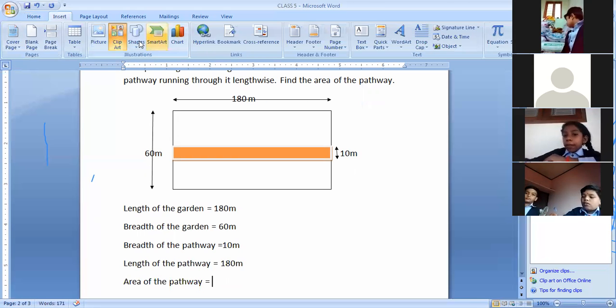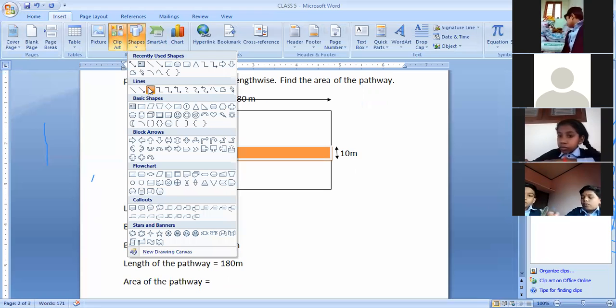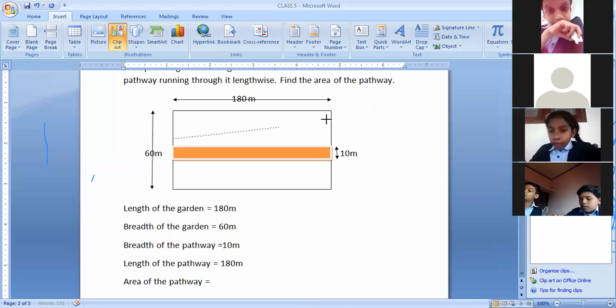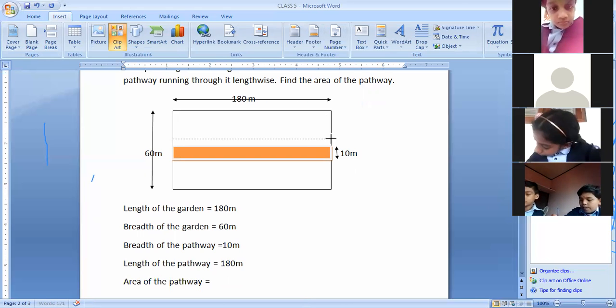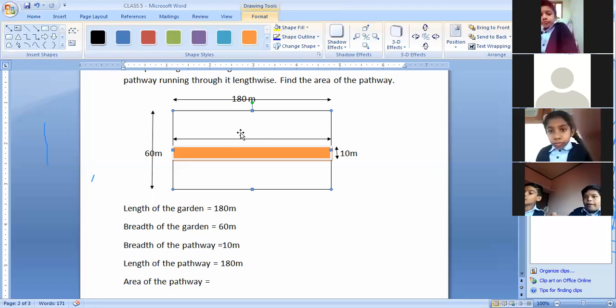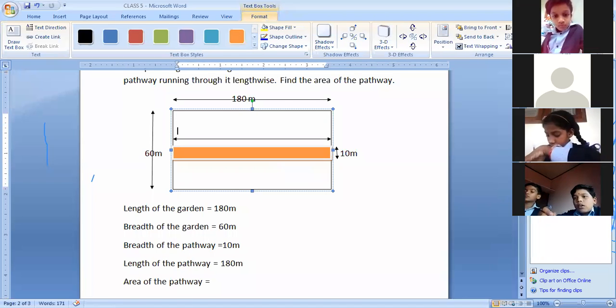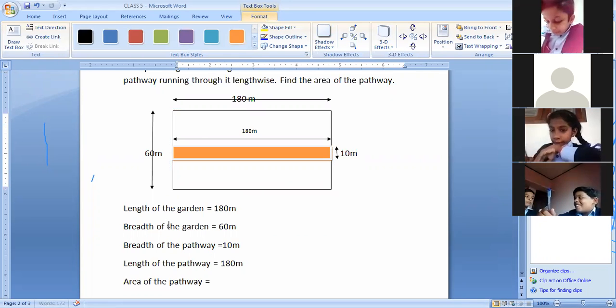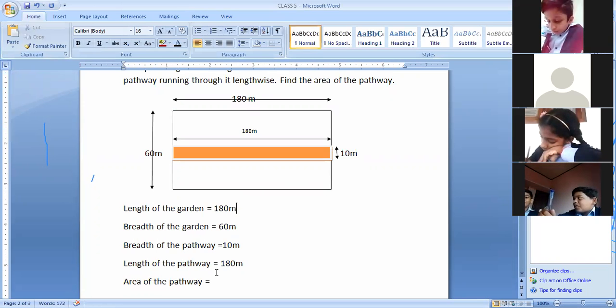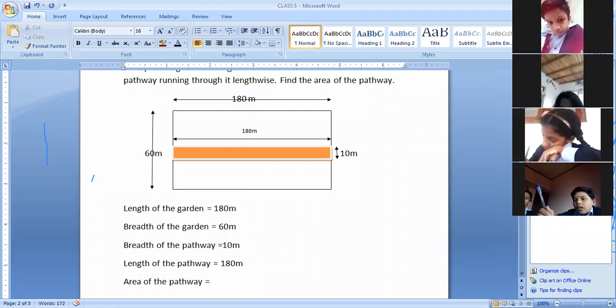What is the equation if you know the length and breadth? L into B. Okay, good. It's L into B. Area is equal to length into breadth.